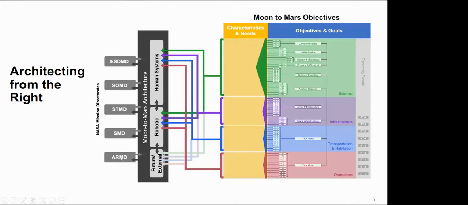And those are then allocated to the gray boxes, which is the NASA mission directorates. Each mission directorate has a different charter, a different purpose for existing, and STMD, the Space Technology Missions Directorate, is where the technologies get developed. And that's primarily where I work, because we're working on future technologies that don't exist yet.